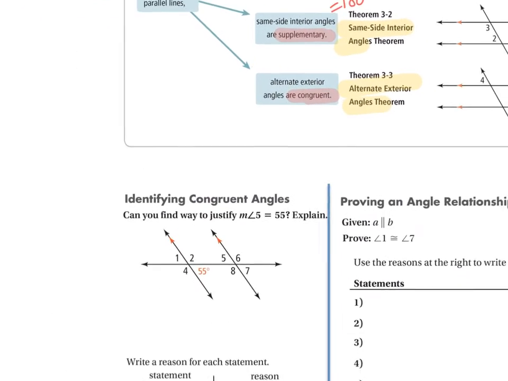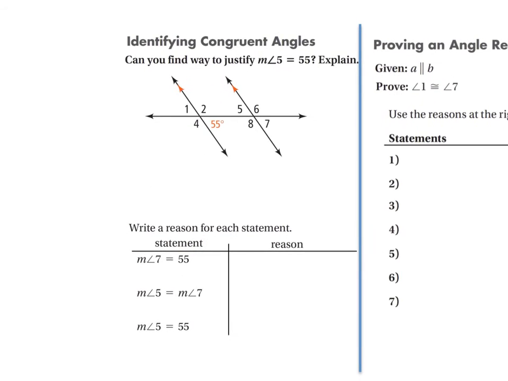Okay, so on this first one, we're going to find a way to justify the measure of angle 5. This angle and this angle are alternate interior, so they should be congruent, but they go about it a little bit different way, and that's okay. We'll just work it out.